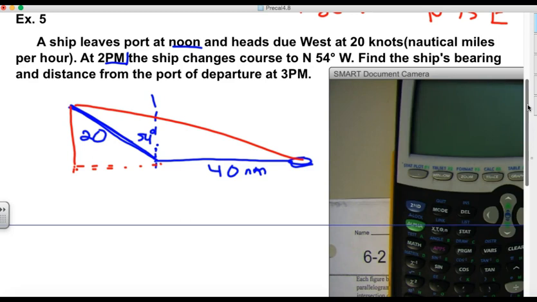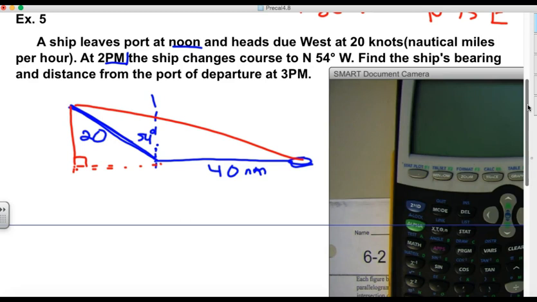So what we can use is this small right triangle that we have right here. We can use our knowledge of trig to find the other two sides of this triangle. We know that the blue side is 20, and we need to figure out the other two sides.